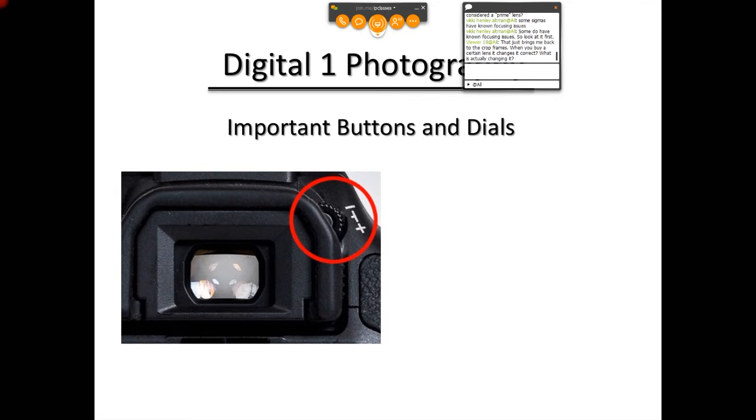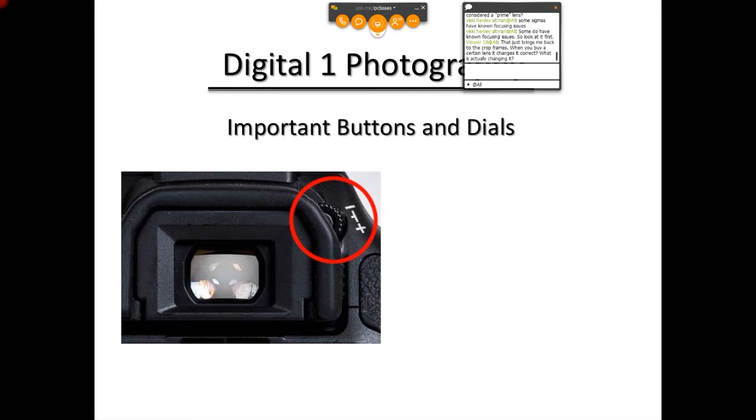However, the button or dial that you're looking at is called a diopter. Basically what that's designed to do is adjust the focus of your viewfinder, whether it be an electronic viewfinder or in this case a standard viewfinder. Best thing to do is half press your shutter button.